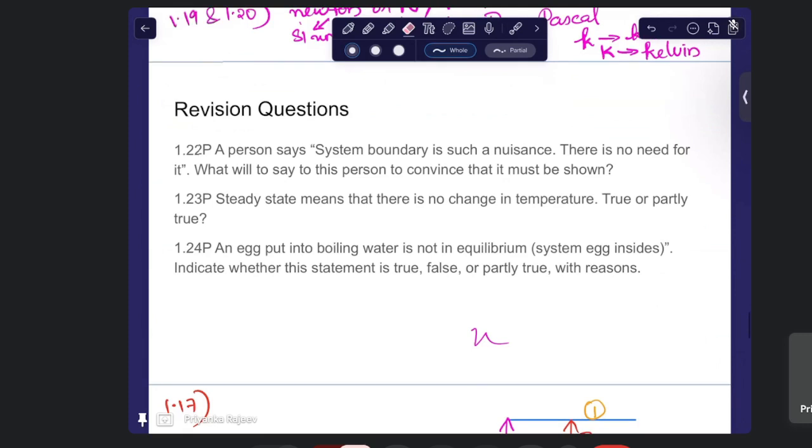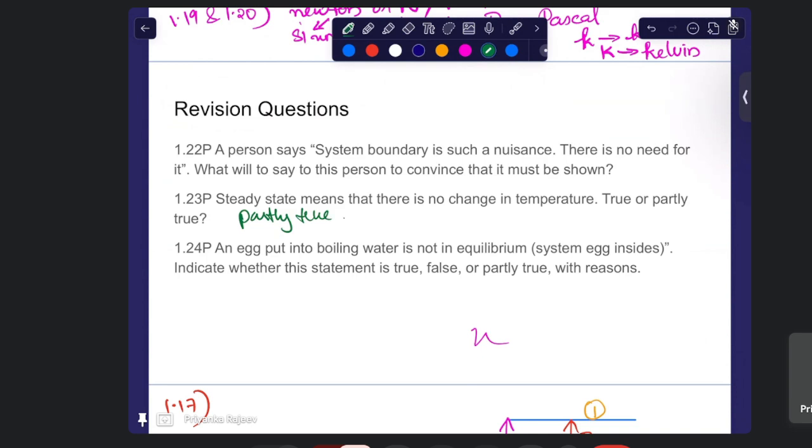Next is steady state. Steady state means that there is no change in temperature: true or partly true? That is partly true. Why? Because other properties can also change.